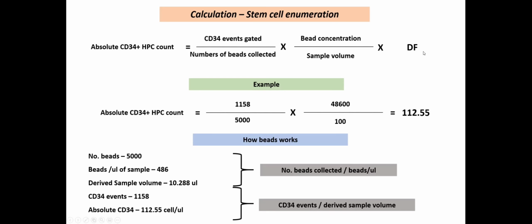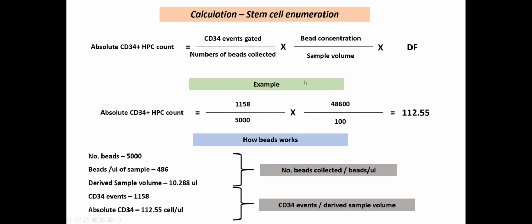For the dilution factor, we dilute the sample in cases such as the post PBSC harvest sample in which the count is more than 40,000. As per recommendation, the kit is suitable for counts less than 40,000 for BD and less than 30,000 for Beckman Coulter. So we'll do dilution only if the count is more than 40,000, either pre-PBSC or post-PBSC sample.